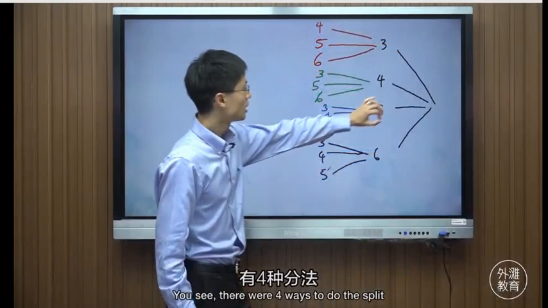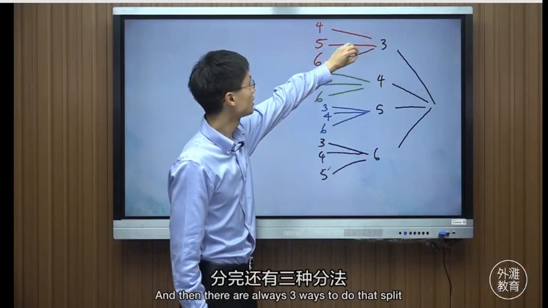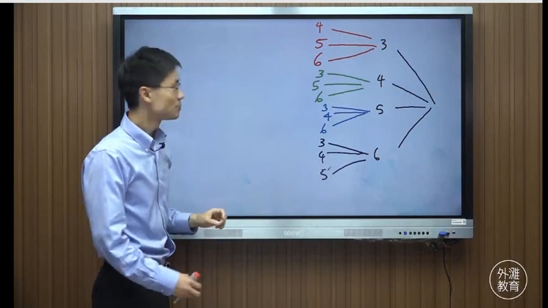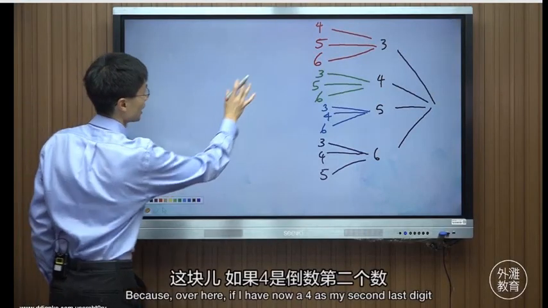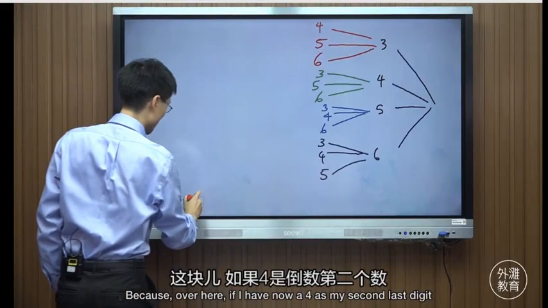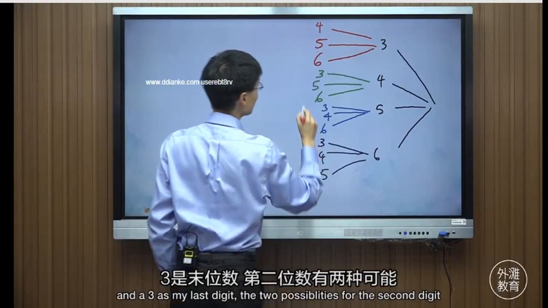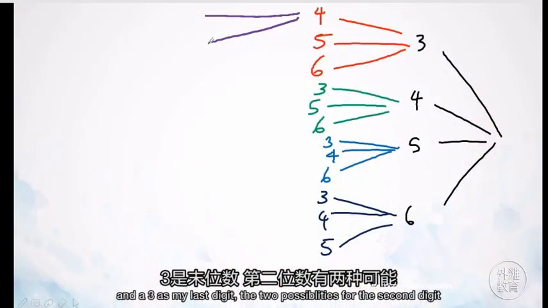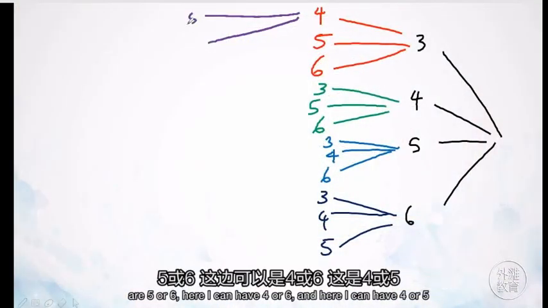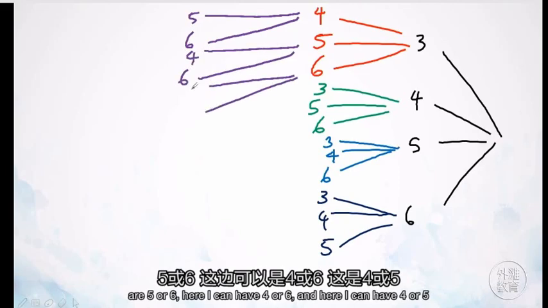You see, there were 4 ways to do this split, and then there are always 3 ways to do that split. And then we have to keep going, because over here, if I have now a 4 as my second last digit and a 3 as my last digit, the two possibilities for the next digit are 5 or 6. Here I can have 4 or 6, and here I can have 4 or 5.